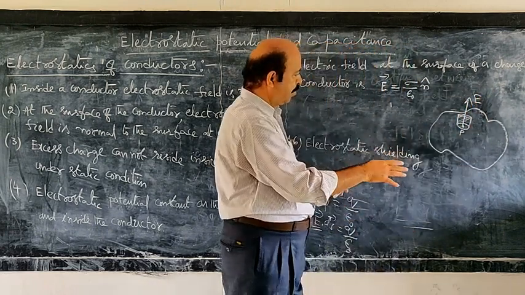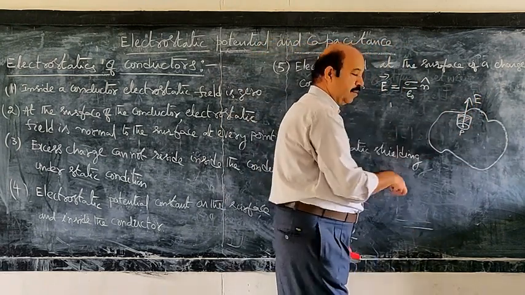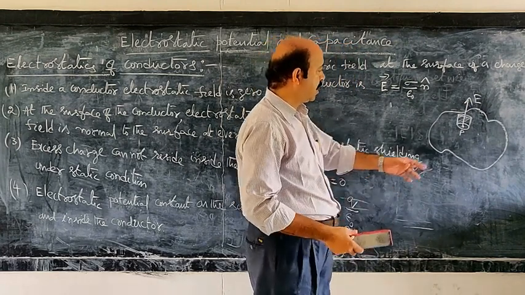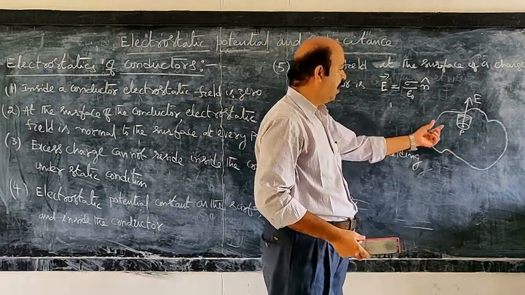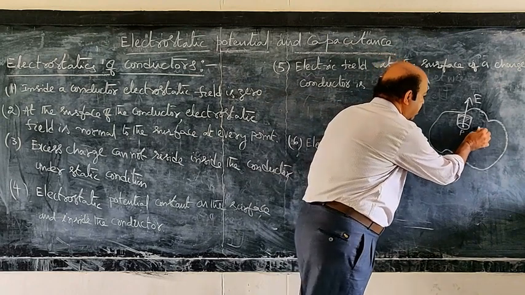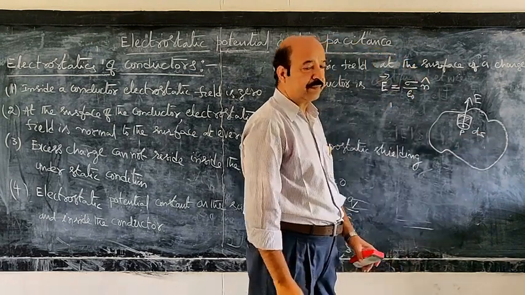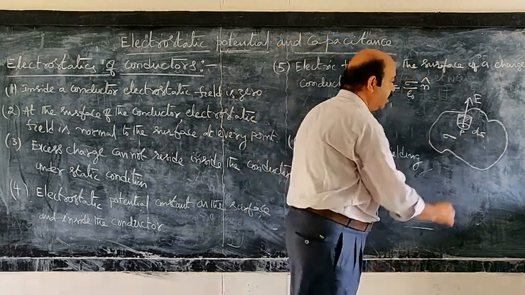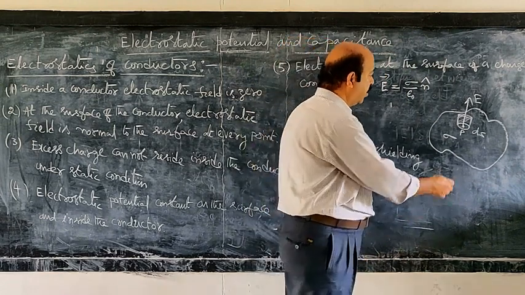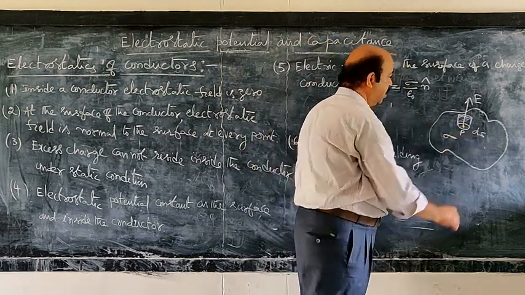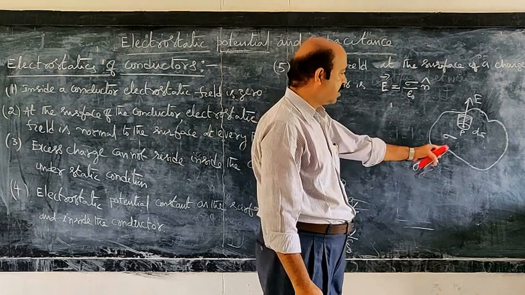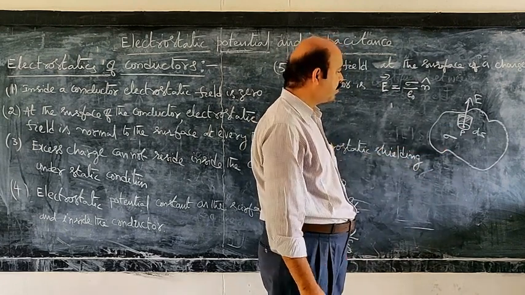Let sigma be the charge density. Therefore, the charge enclosed within the surface is sigma ds.